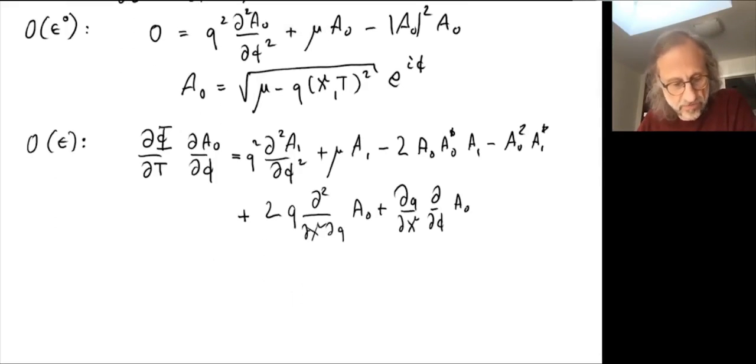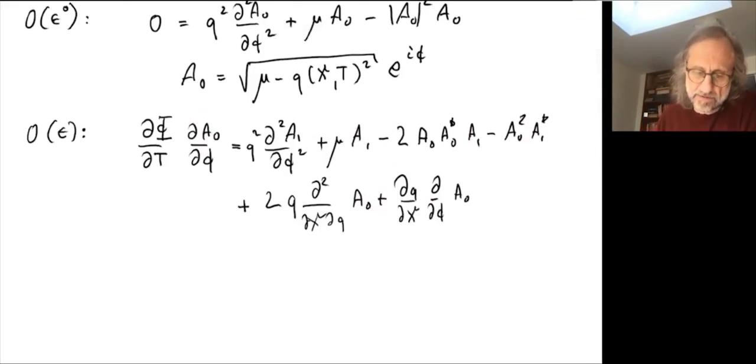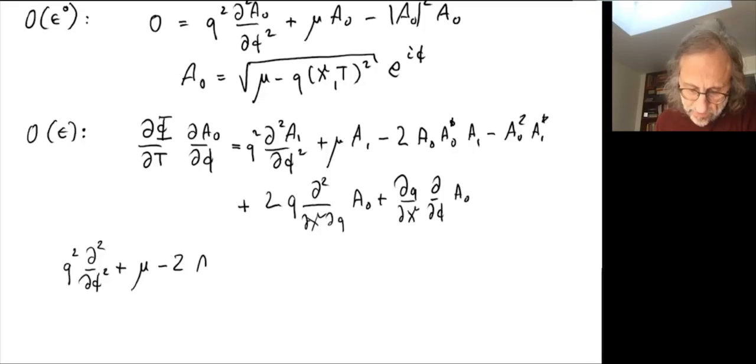So it's an order epsilon equation, so we think we should be able to solve for A1, right? So let's write it as an equation for A1, which has certain inhomogeneous terms. And let's see what we get. I put that stuff on the left-hand side, so I get q squared d by dφ squared plus mu minus 2|A0|² minus A0 squared.